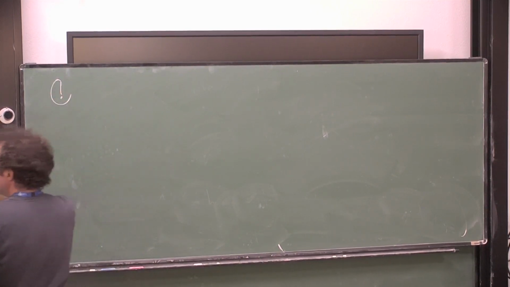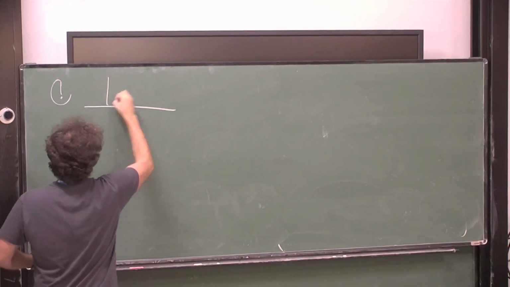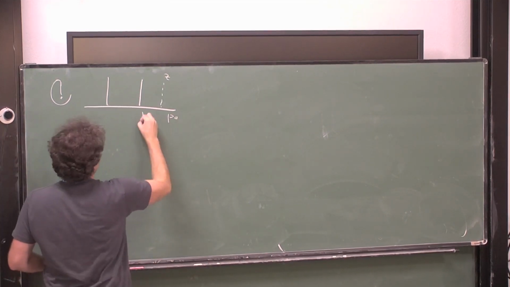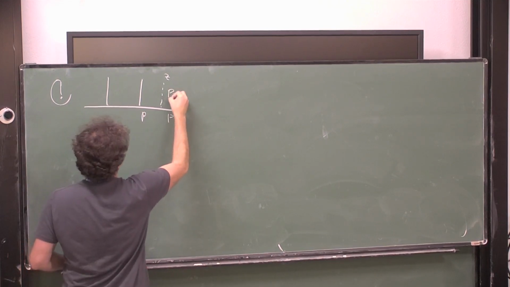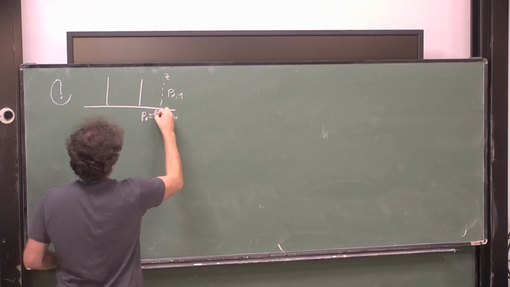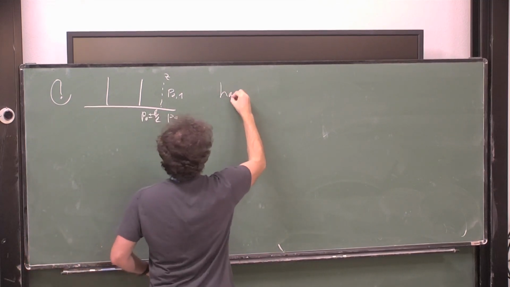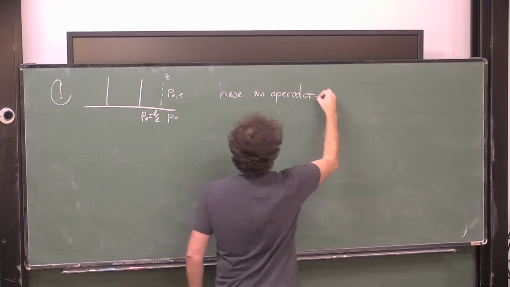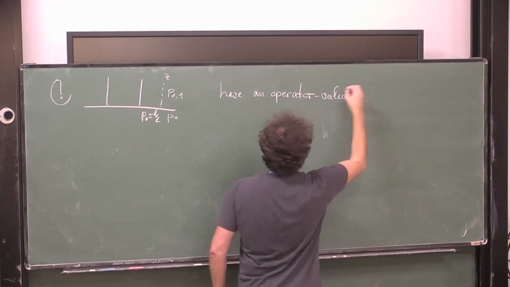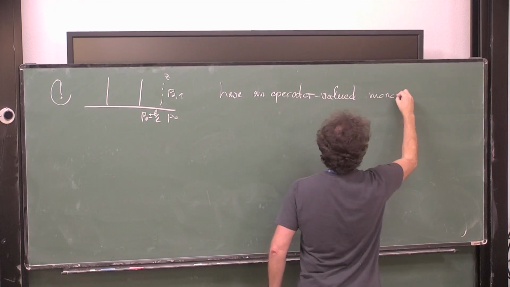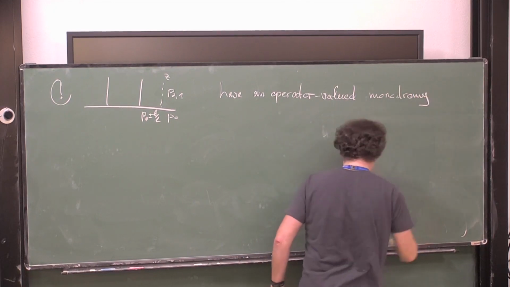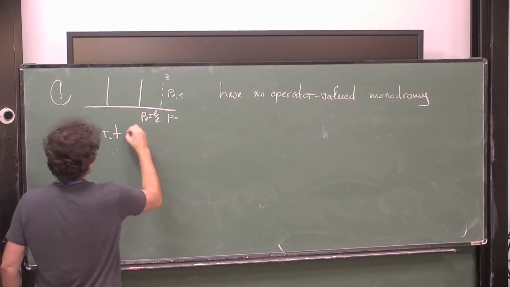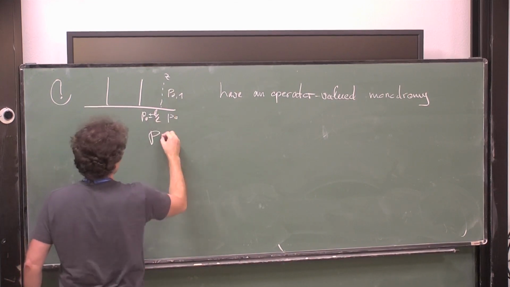So we see that conformal blocks of this form with degenerate field of type 1 have an operator-valued monodromy with respect to the position of the degenerate field.